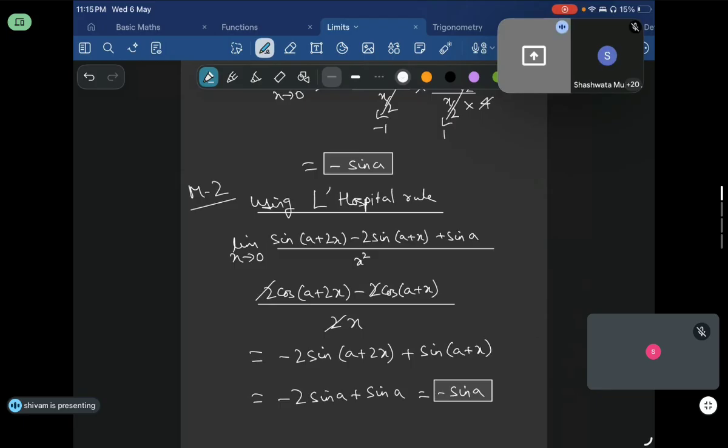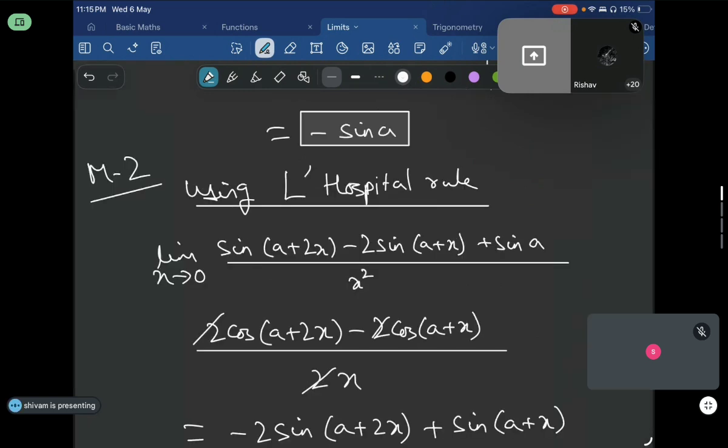I have to differentiate the numerator separately and the denominator separately, not the whole thing. Oh, okay, sir. Okay, done, Rishabh? Yes, sir.